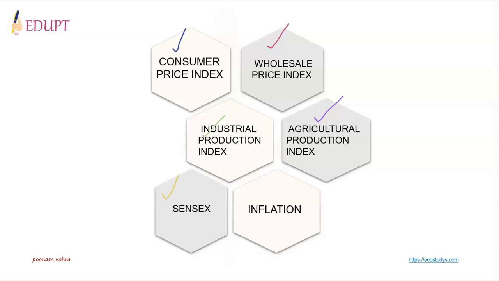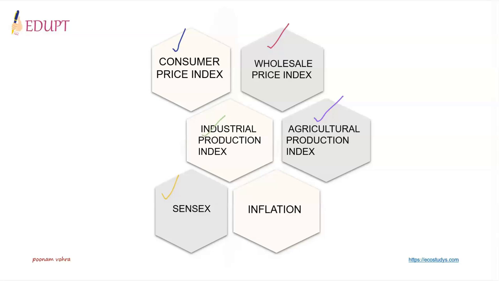Next is Sensex, that is the sensitive index, and hence by Sensex one can find the changes in the share prices which reflects the value of wealth of the shareholders. The rise in Sensex reflects the good health of the economy in general, whereas fall in index shows that all is not well with the health of the economy, and the investors may find it hard to decide whether to invest or not.